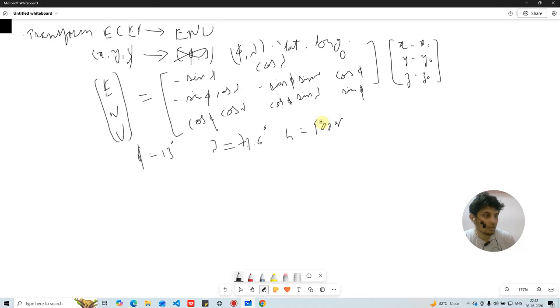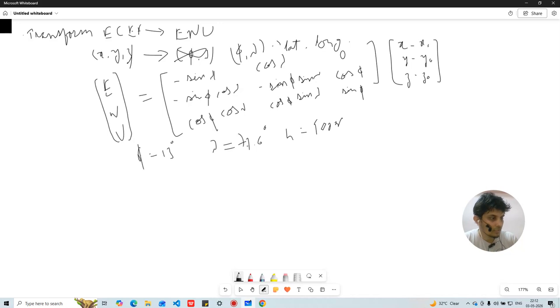This will be our ENU origin. Step 2, the reference point in ECEF using WGS84. Now take a nearby point slightly offset.